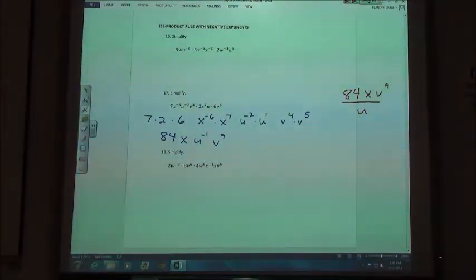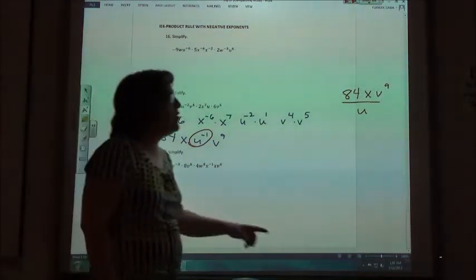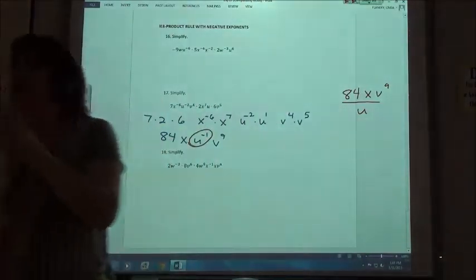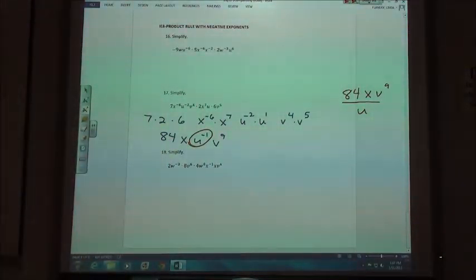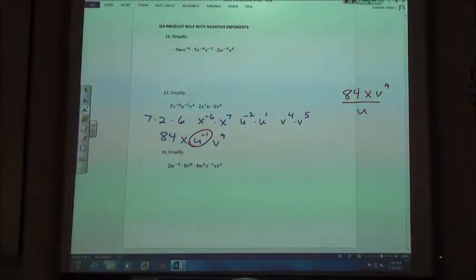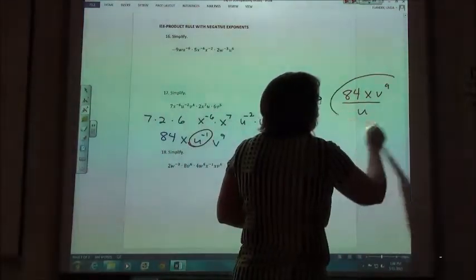The only one I moved was the one with the negative exponent. Probably in introductory algebra, if you put u to the first, it's going to say it's correct, however, but once you get further on, it's going to start counting that wrong. U to the first is just a u. We don't need the 1 there. I write it there when I'm doing my calculations to remind me, but on my answer, I don't want the 1 there. So that'd be my answer.